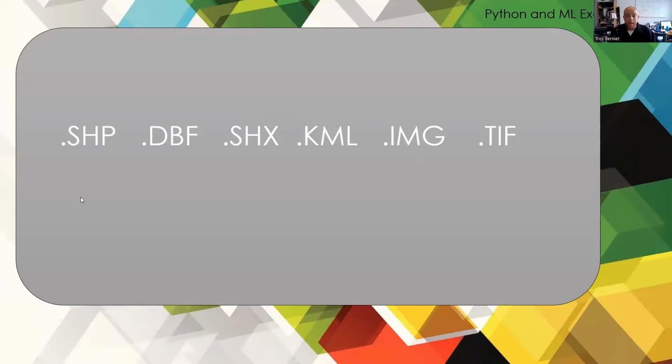Additionally, there is an IMG format, which is a proprietary format developed by Hexagon Geospatial. Some folks might be familiar with proprietary image processing and GIS analytical software, such as ENVI, ERDAS, plus there are others out there as well.